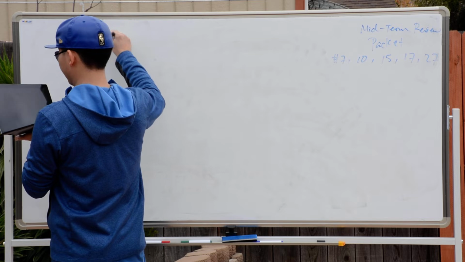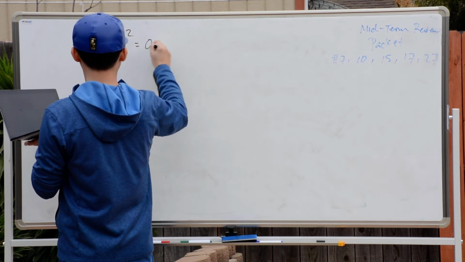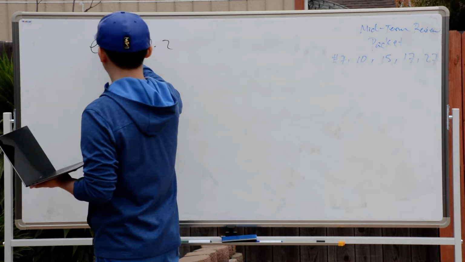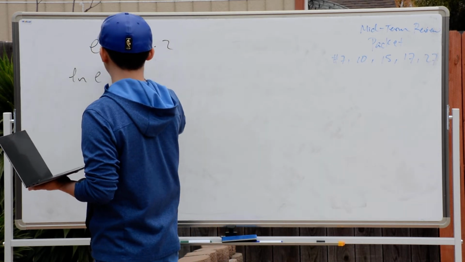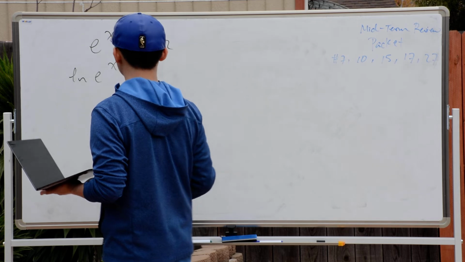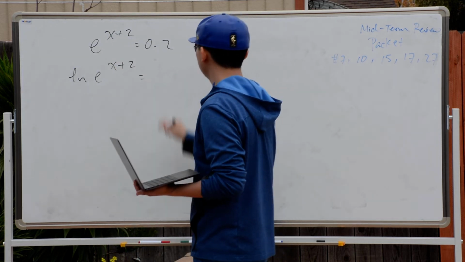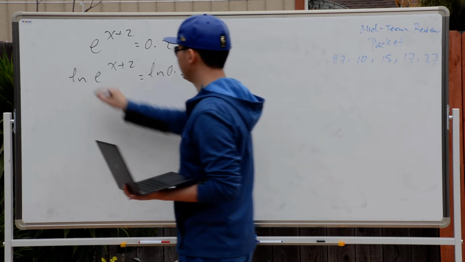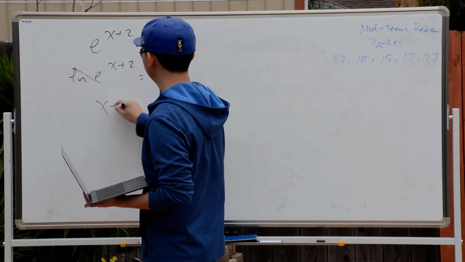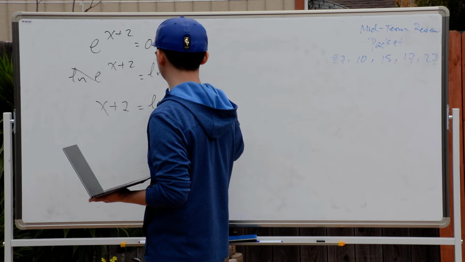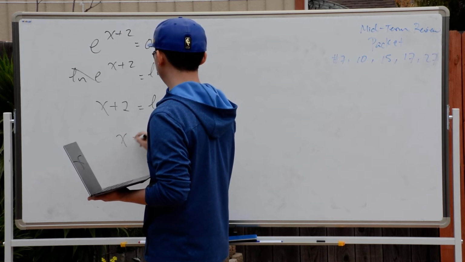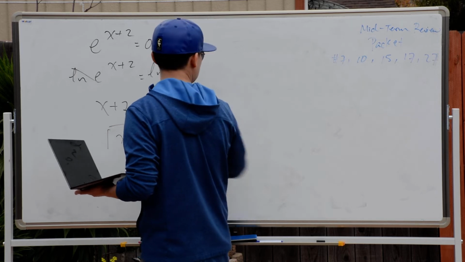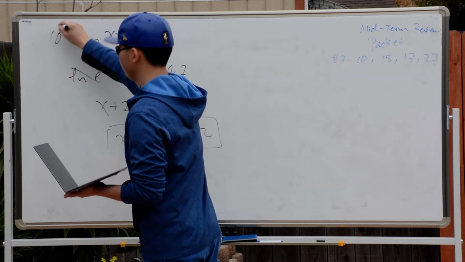So e to the power of x plus 2 equals 0.2. The way to solve for x is to take the natural log of both sides, because the base is an irrational number. It's a constant base. So natural log of 0.2. And then natural log of e just gives you 1, so we can bring the power down. So x plus 2 equals natural log of 0.2. And then solve for x. So natural log of 0.2 minus 2. So this one is actually pretty basic. So this one's for number 10.